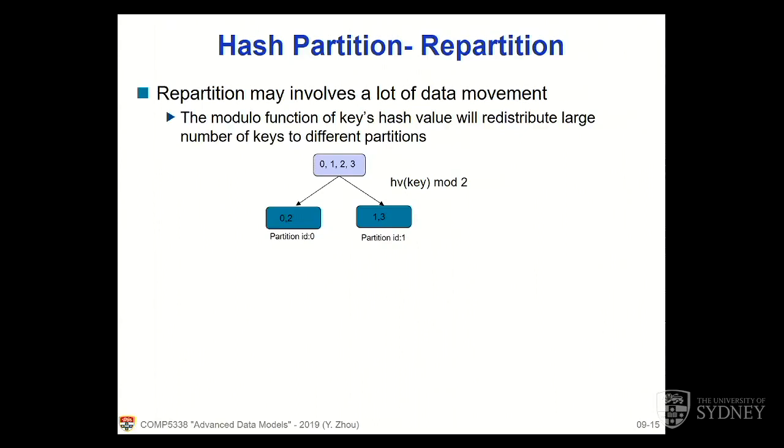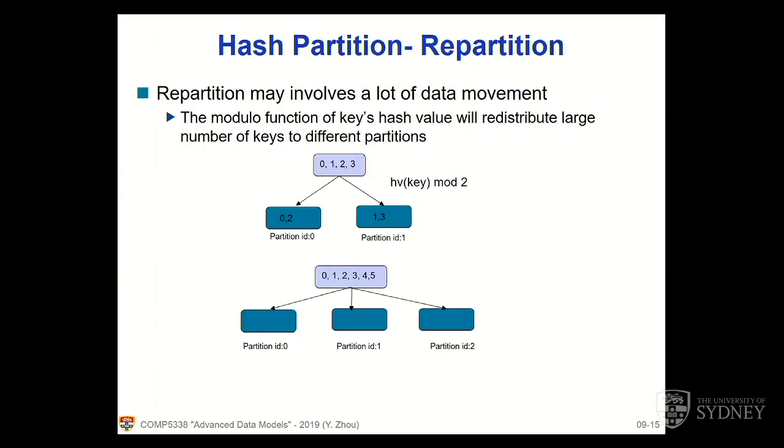But the disadvantage is a lot of data movement when repartition happens, because it has a global impact. If we add more data and 2 partitions is not enough, we need 3 partitions. That means we have to change the mod function, now we have partition IDs 0, 1, and 2, and we have to mod 3 now.